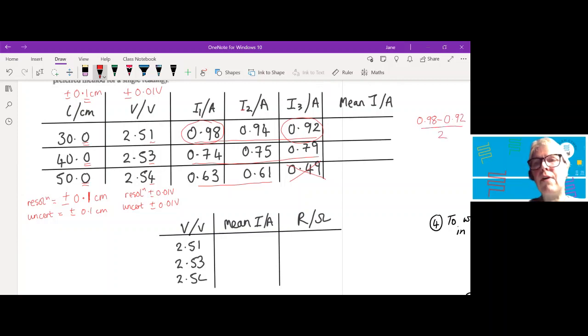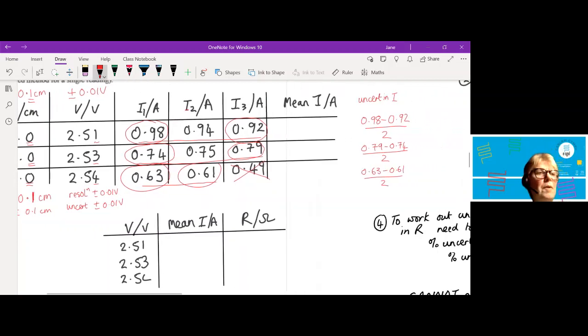And that is how you find the uncertainty in the current. So you take the maximum, 0.79, take away the minimum, 0.74, and divide it by 2. And here it's going to be much easier, 0.63, take away 0.61, and divide it by 2.